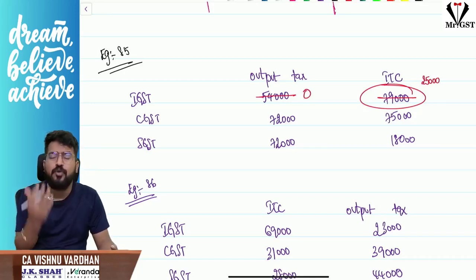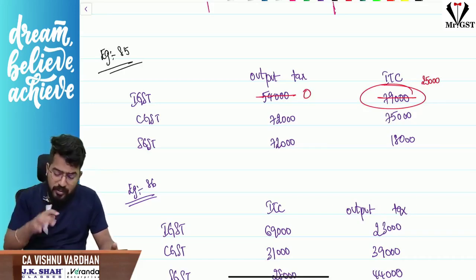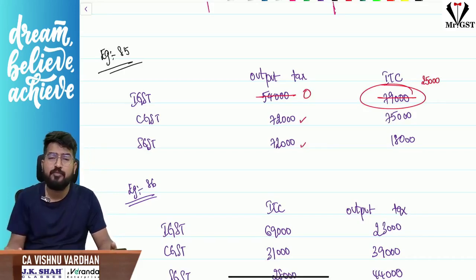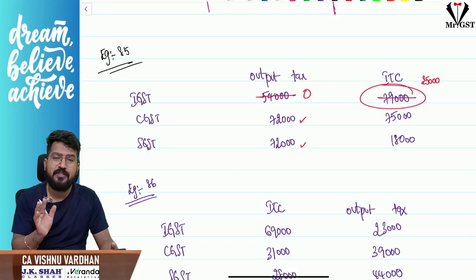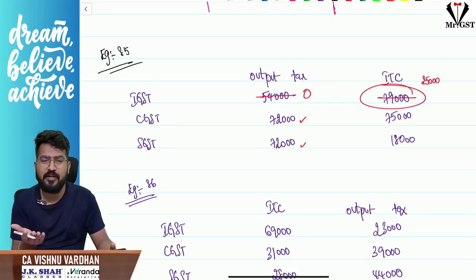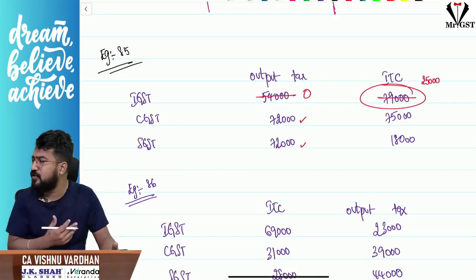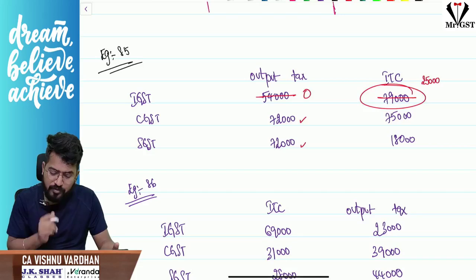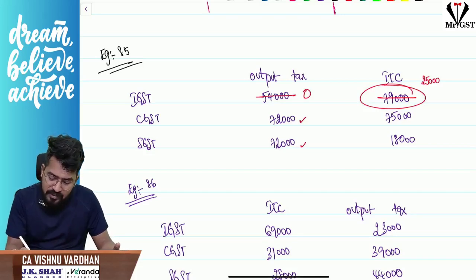Now understand, you have 25,000 in hand and you can use it for CGST or SGST payable in any order, any proportion. But you should not do that. You should see who actually needs your help. If you see, CGST payable is 72,000, ITC is 75,000.